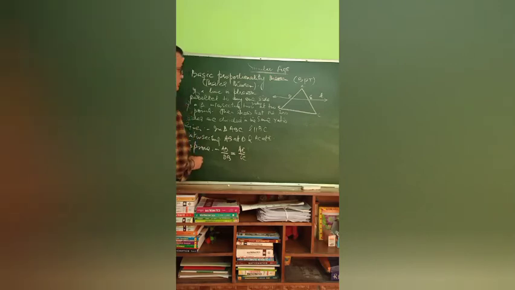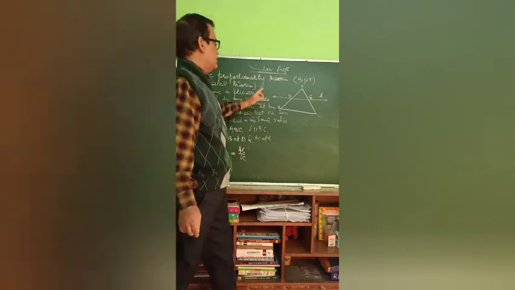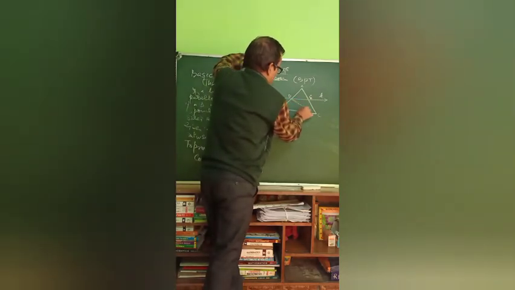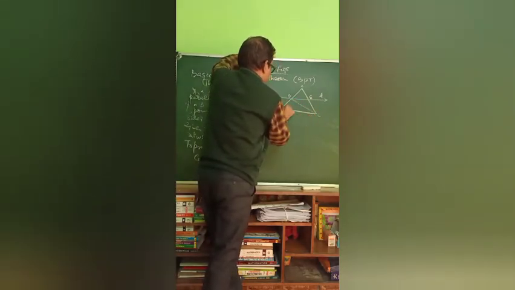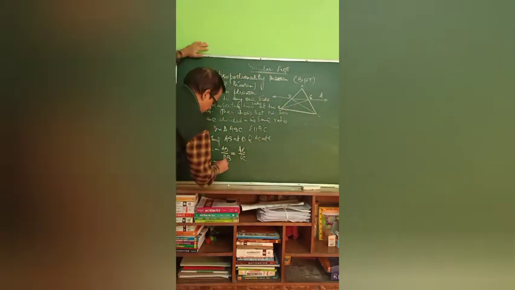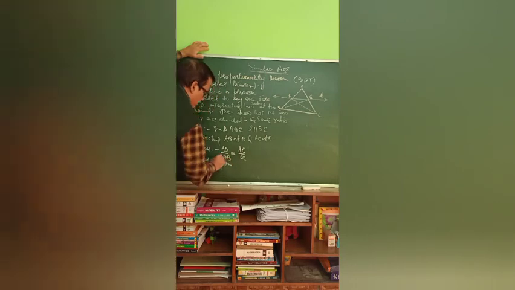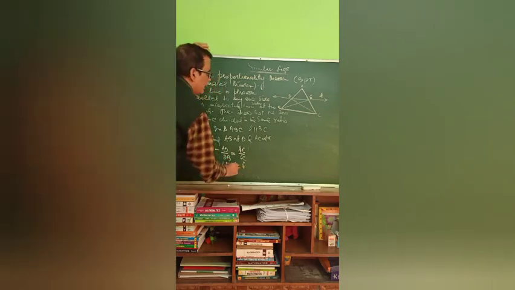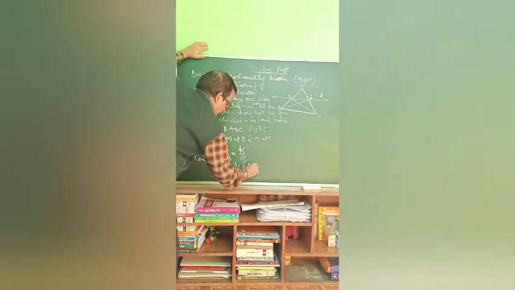Now, construction. What is the construction? Let us join D with C, and B with E: join DC and BE.